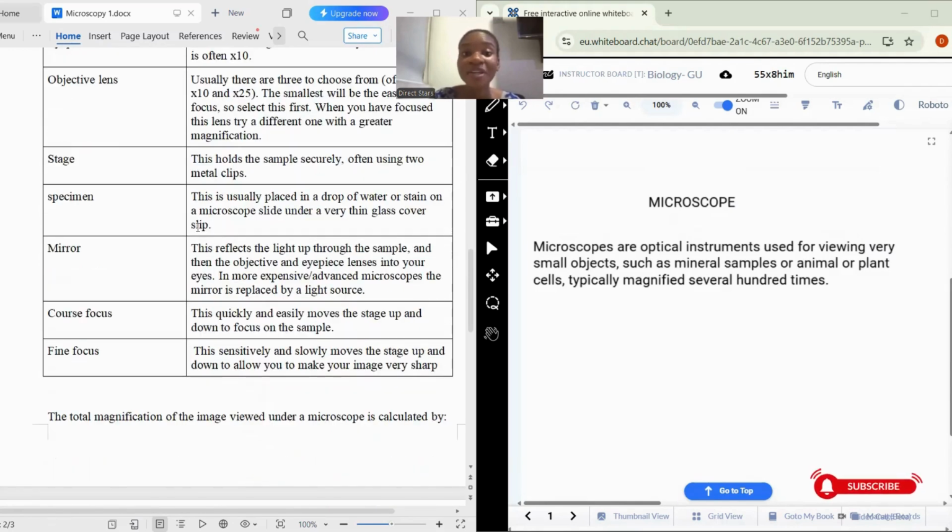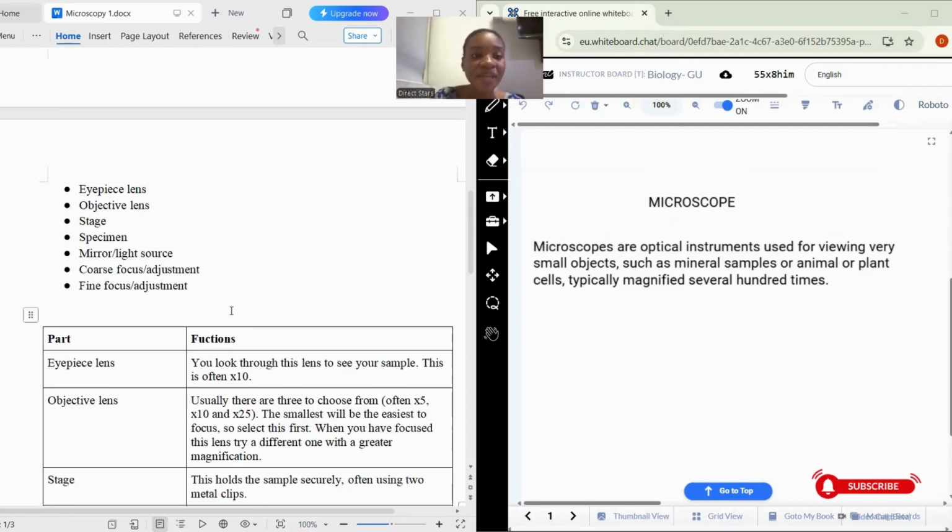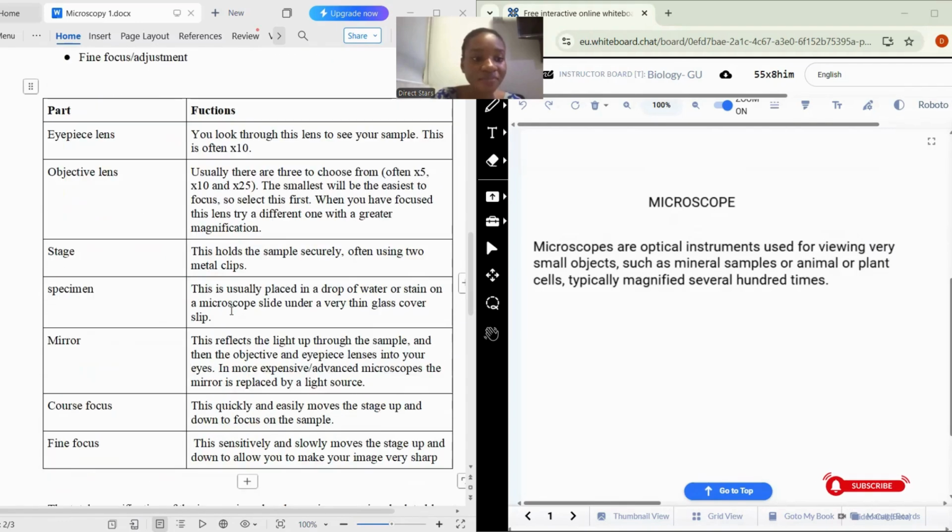Next comes the specimen. Here you can choose to use any specimen that you want to find out more about. It could be an organism, it could be an object, whatever it is. Your specimen is usually placed in a drop of water or stain on a microscope slide under a very thin glass cover slip.